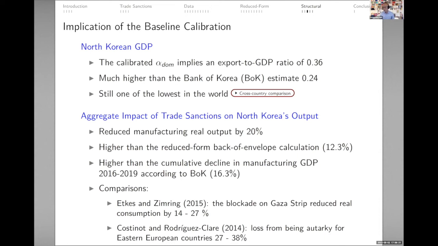This study suggests that at least that goal was partially accomplished, in the sense that we do find some evidence that North Korea's economy was impacted by the trade sanctions. But of course, whether that led to a change in North Korea's policy is something that's still in a black box that we can't really look at.